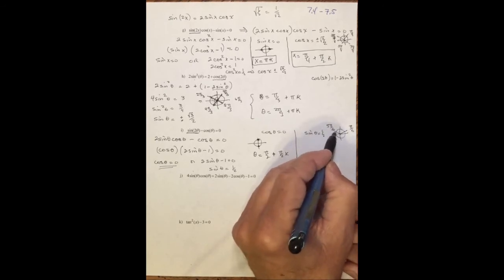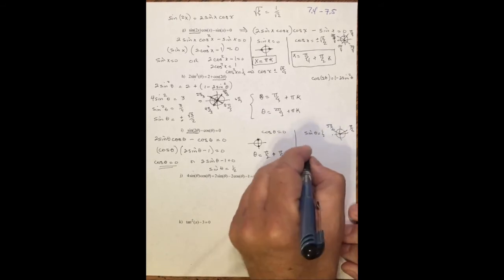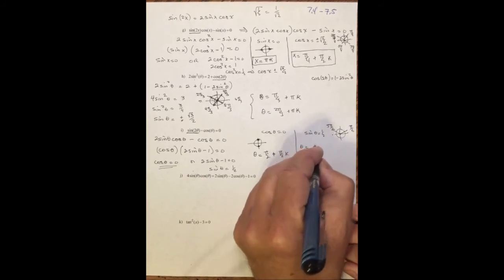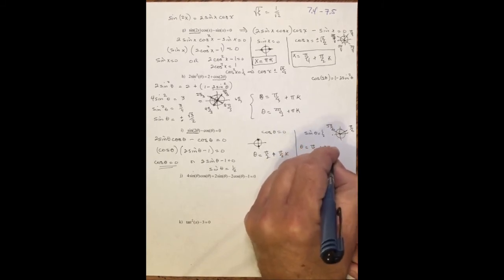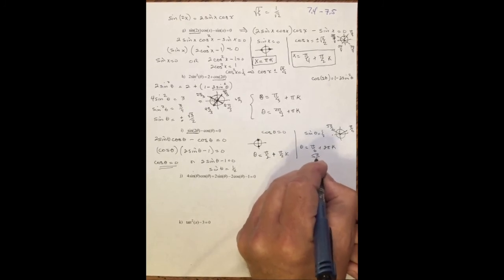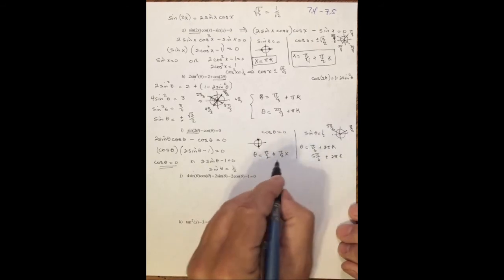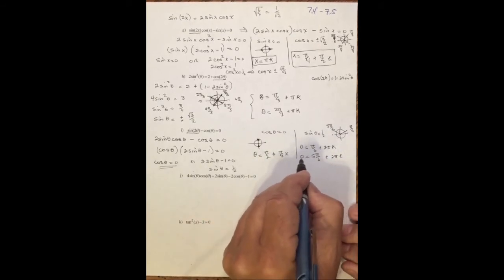But see, if I take this one and add 2 pi over 3, I don't get the next one. So we have to do these separately. So the solutions are going to be pi over 6 plus 2 pi k, or 5 pi over 6 plus 2 pi k. So there's all your solutions.